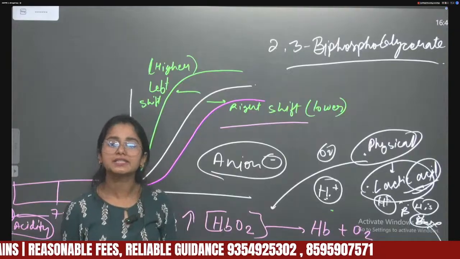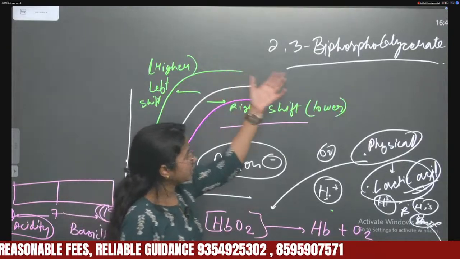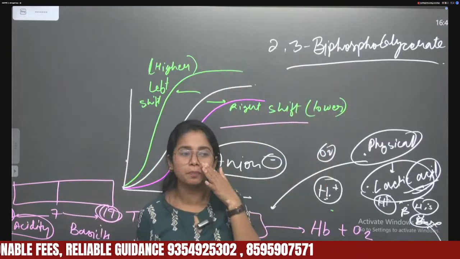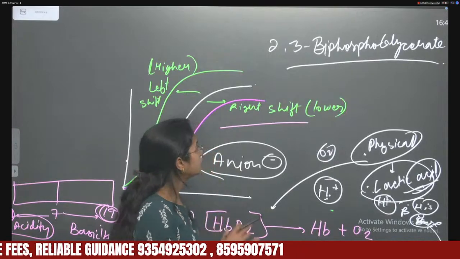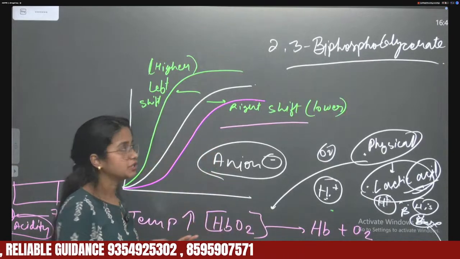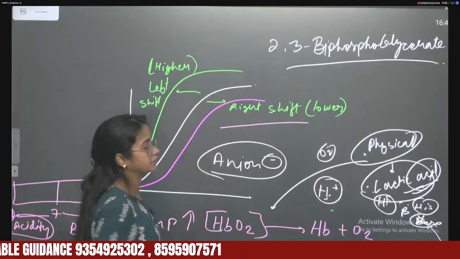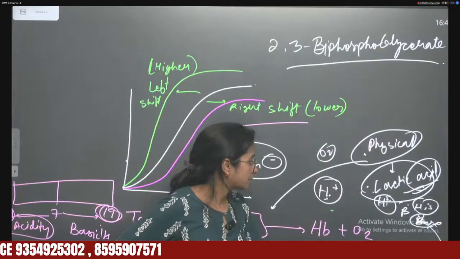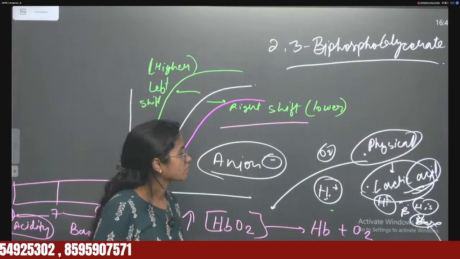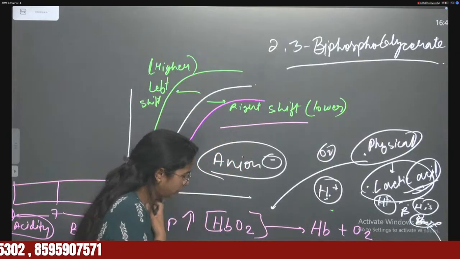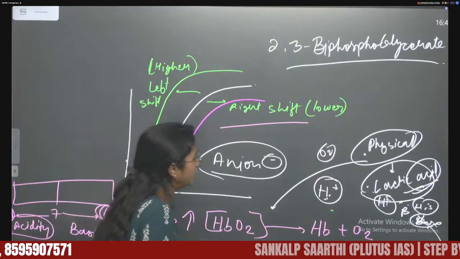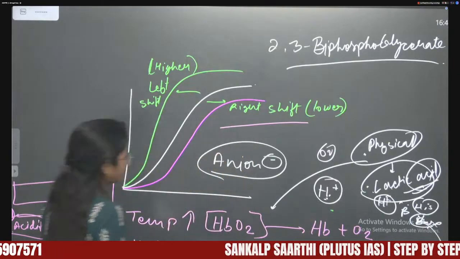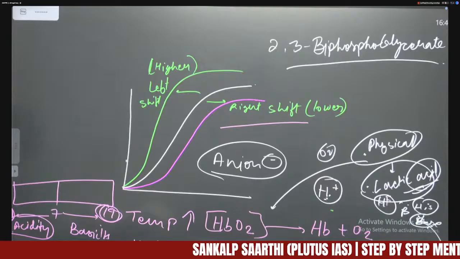So now you guys tell me, if you increase the BPG concentration in your blood, this binding curve, will it shift left or the right? It will shift left, ma'am. The oxygen affinity will increase. Left or right?